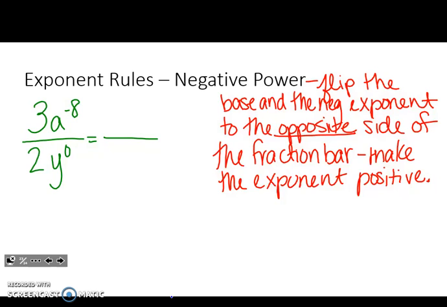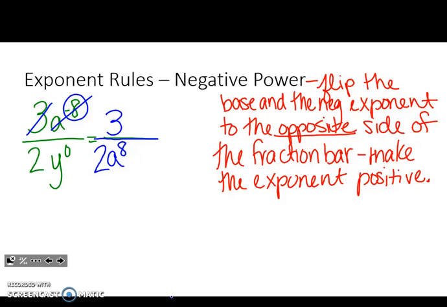So 3 doesn't have a negative exponent, so it's going to stay on the top. A to the negative 8 has a negative exponent, so it's going to be flipped to the bottom in order to become positive. 2 doesn't have a negative exponent, so I'm going to put it in its same side.